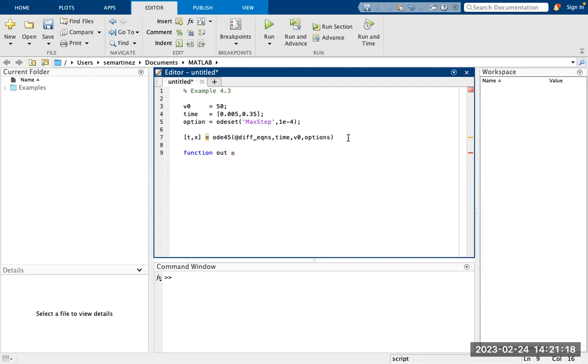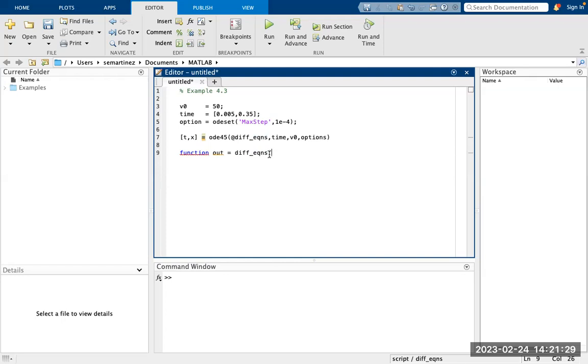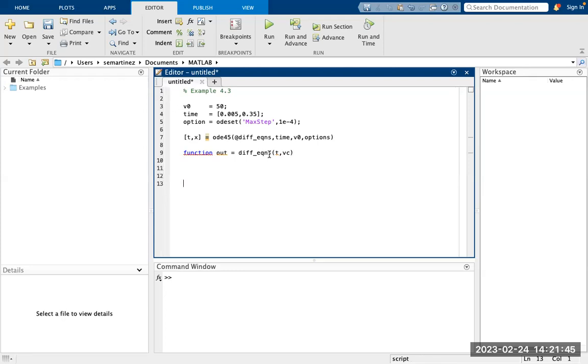And we're going to call this function the same name that we use here, differential equations. The input of this function is going to be time and our state variable, how did we call it? VC. Right? And we're going to write something, and we're going to end this function.